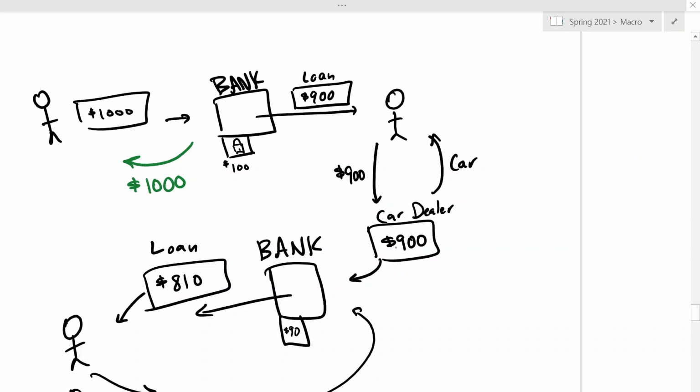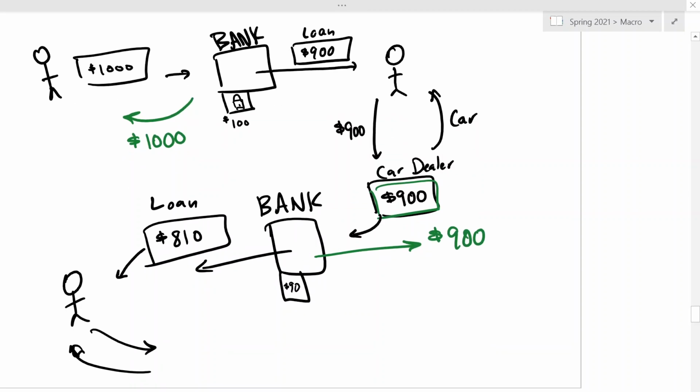But the same thing can be said for this car dealer. The car dealer put $900 in the bank. Let's suppose after all of this happened, I ask for my money back. The car dealer asks for their money back. And what's happened? This person still has the car. This person still got their loan as well.